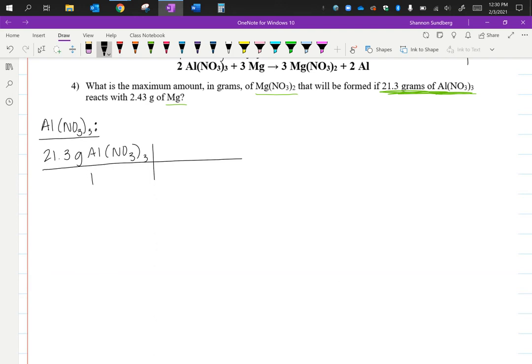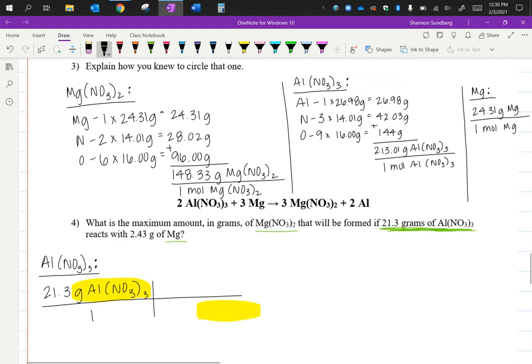Okay, I need to cancel out my units. So the grams, I have to get rid of them. That means that I have to put them down here. They will only cancel if they're in the denominator. Well, good thing I did that calculation up here. So it looks like there are 213.01 grams equal to 1 mole.